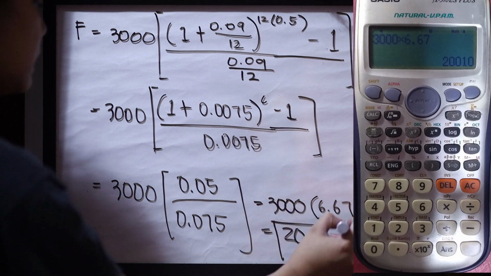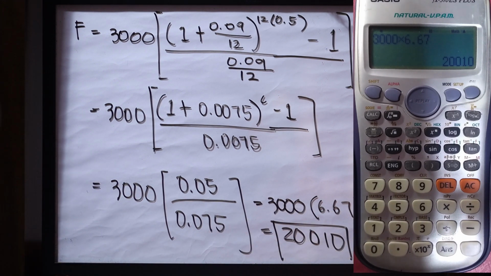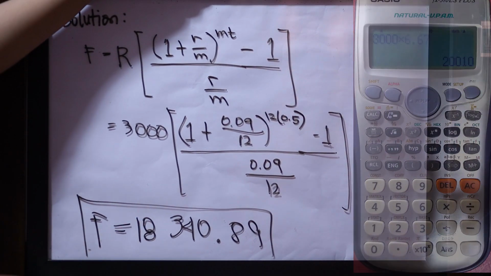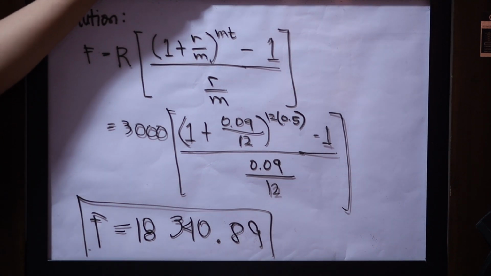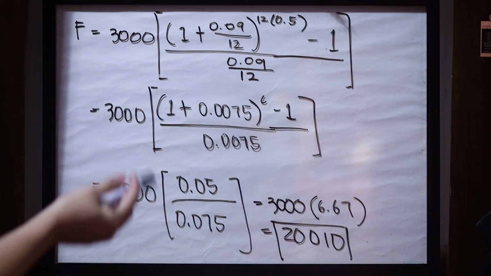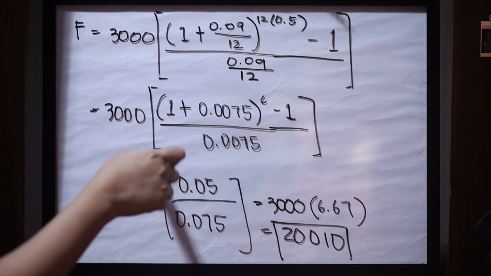Ngayon, ma'am, hindi siya equal dun sa nakuha natin previously. Ang una nating nakuha dun sa direct computation is 18,340.89. Okay lang yon, wala namang problema. Kasi nga, ma'am, bakit nag-iba? Nag-iba siya because of the rounding off. 'Di ba? Nag-round off tayo for this part. 'Di ba mahaba to?